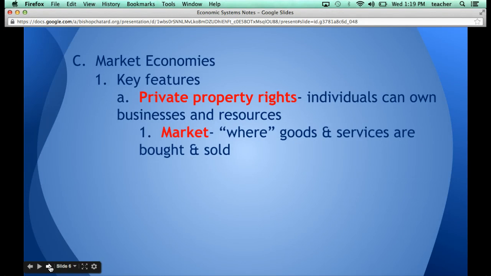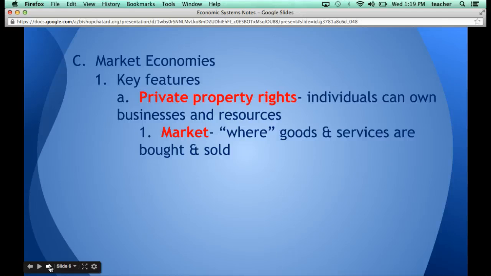Part of this is that in a market economy you have to have a market to actually sell your goods and services. So I define this as, quote unquote, where goods and services are bought and sold. The reason I put the word where in quotation marks is that in today's day and age, does a market actually have to be a physical location? Well, I think you can answer that for yourselves.